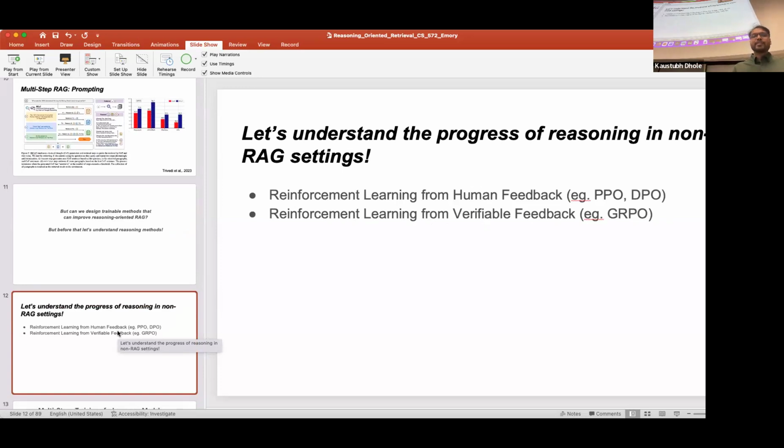That is reinforcement learning from human feedback, which I think is covered to a good extent by Professor Agichtein, but I'll go through it in depth. And the second is reinforcement learning from verifiable feedback, that is approaches like GRPO. Most of the lecture is dedicated to understanding these two, and then Search-R1 is basically an offshoot of this. Once GRPO is understood, you can use that for any task, including Search-R1 as well.